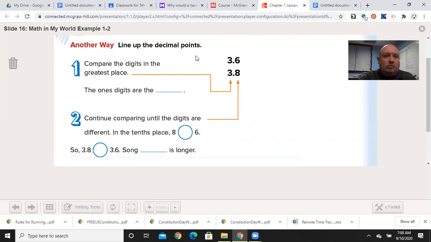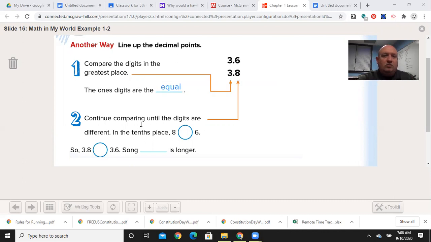And we look at 3.6, 3.8. We started in the ones place because that is the greatest place, or furthest one to the left. And what is the word that we use when something has the same value? If you said equal, you're correct.